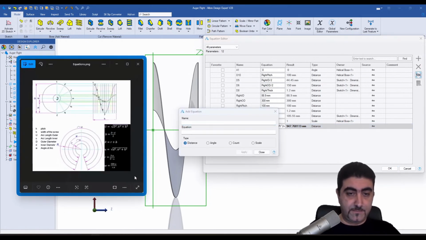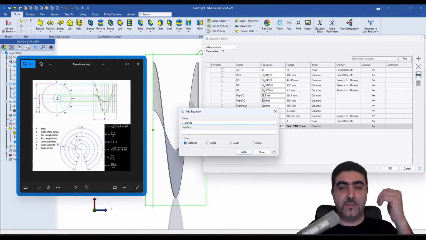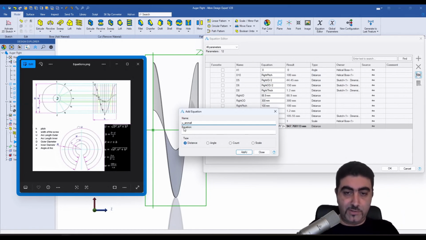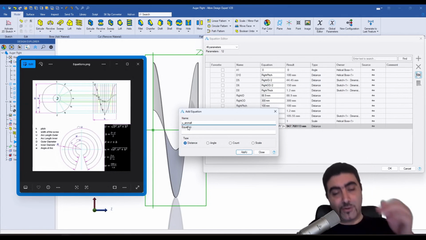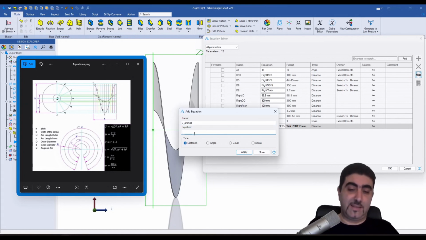Let's go make the small one, and that's why I mentioned that the parameter names are not case sensitive. I will put in a small u there because it helps me visually when I'm looking at the equation editor. But I cannot say capital U dash arc and then lowercase u dash arc, because that's the same parameter name if we account for the fact that they're not case sensitive.